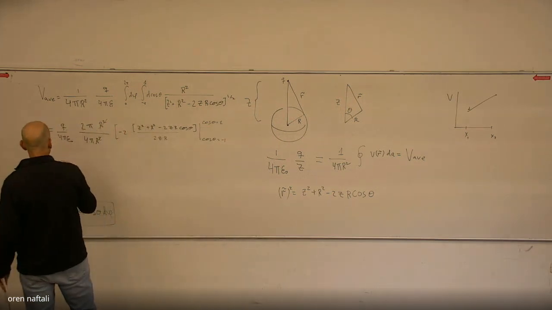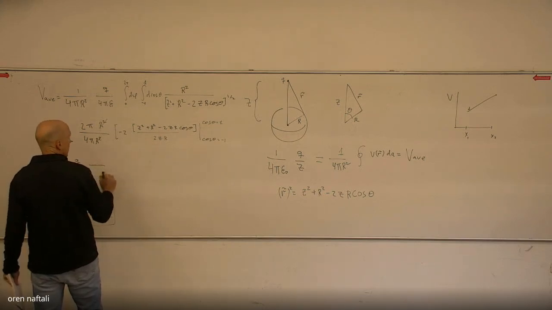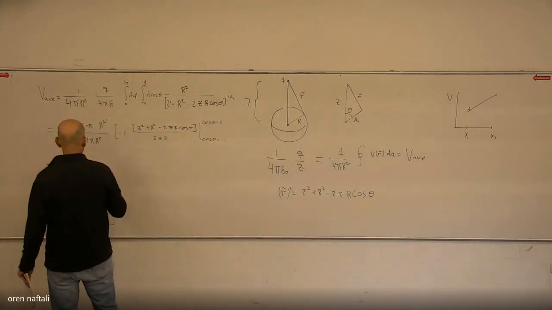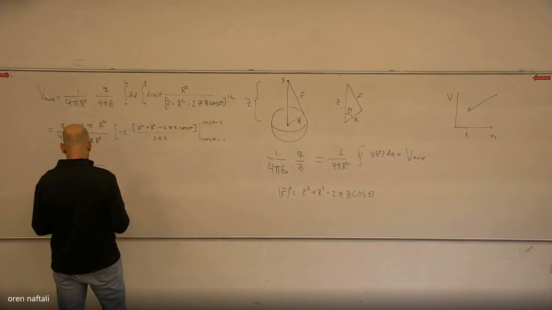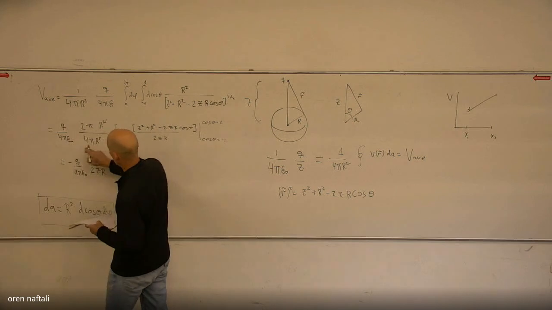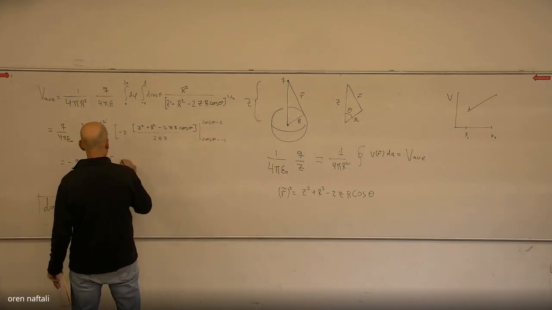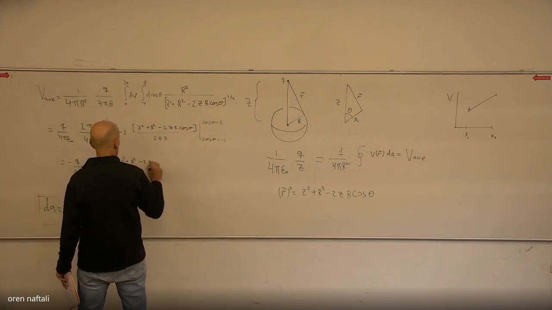And then this is equal to minus q over 4 pi epsilon 0. This 2zr comes from the internal derivative of this 2zr here. You see 2, 2, 4, only 1 4 is left, and here I have z squared plus r squared minus 2zr.